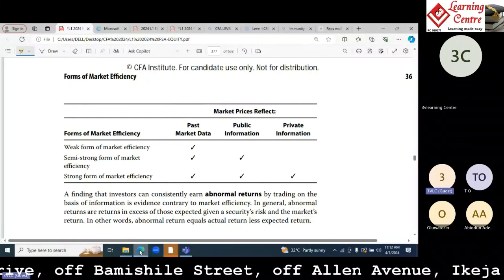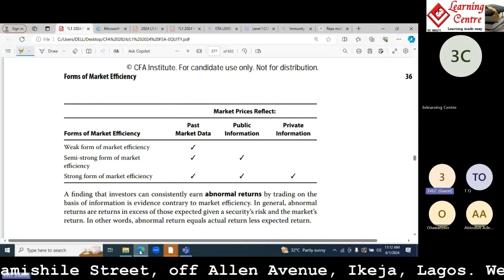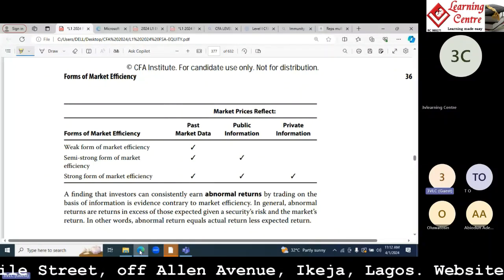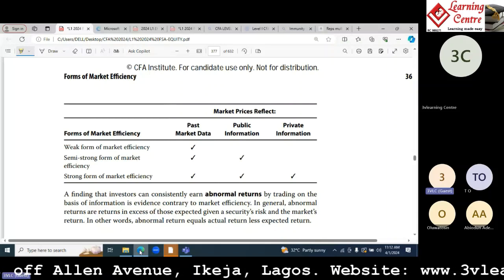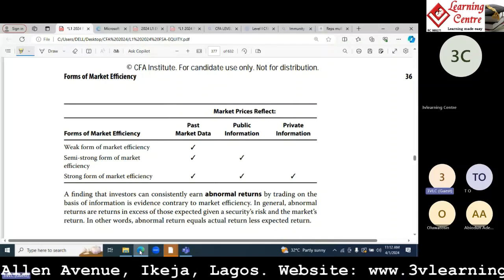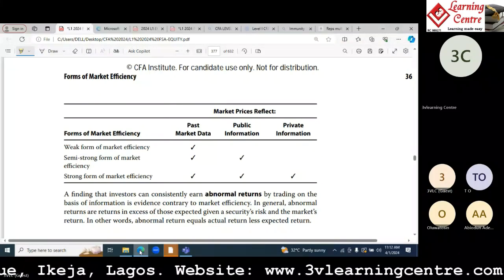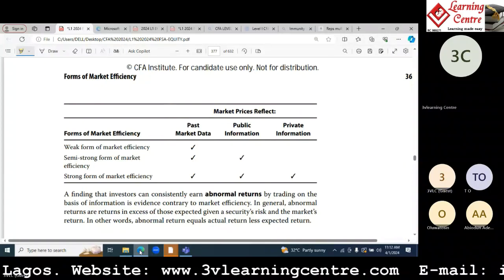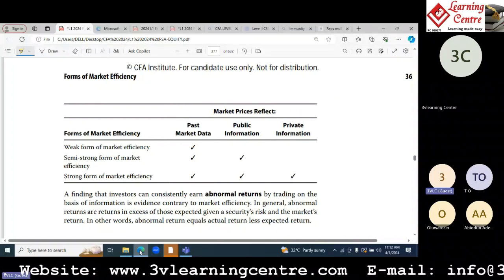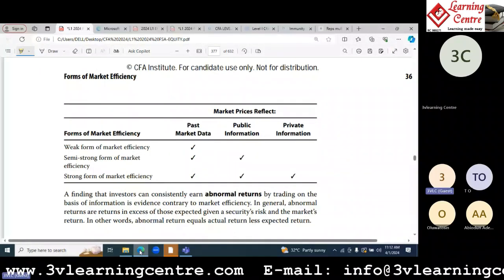Moving on to semi-strong form. Semi-strong form incorporates past data and public information. Because past data is already reflecting in semi-strong form, you cannot even use technical analysis. Another analysis that you might want to use is fundamental analysis. But fundamental analysis makes use of what? Public information.